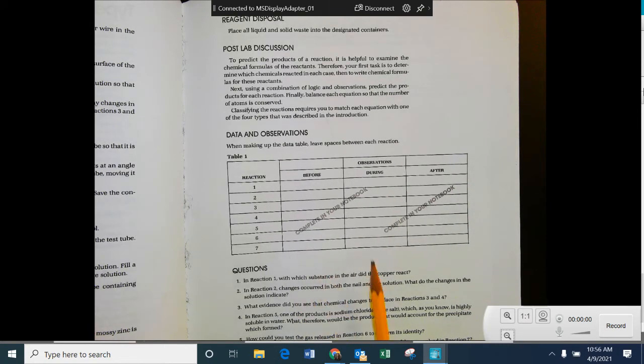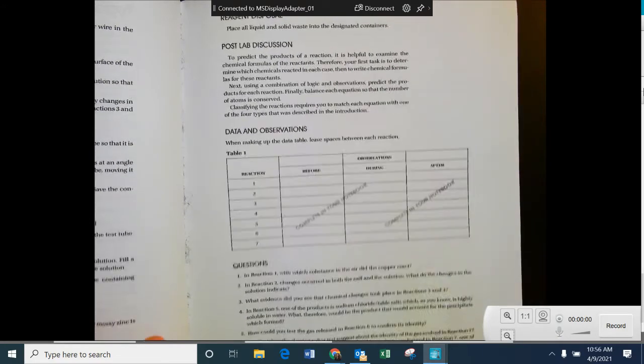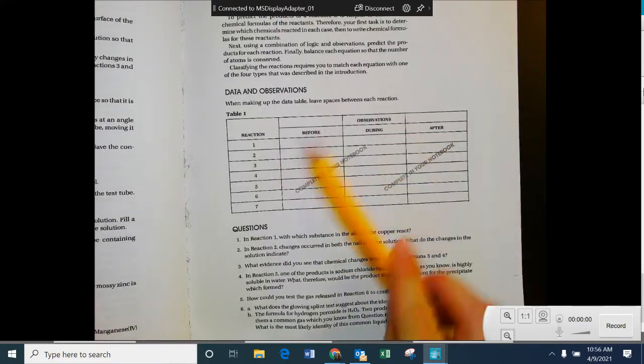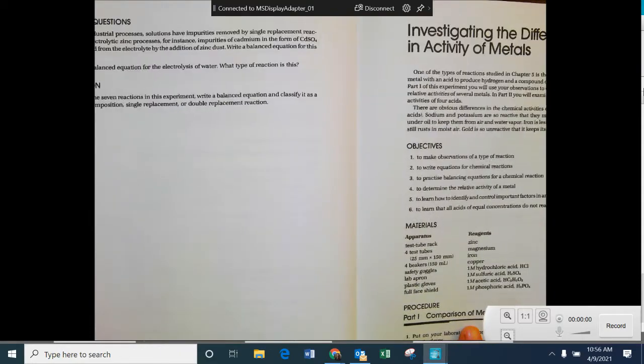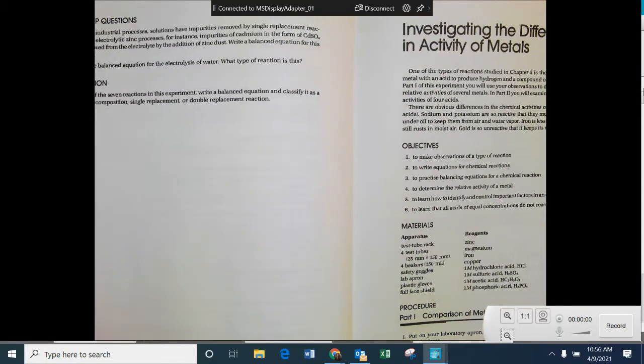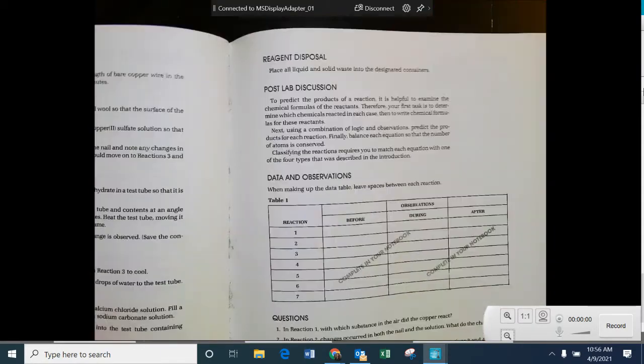So just make sure that you're doing really, really thorough descriptive observations here. Somebody who wasn't in the room could kind of get a picture of what was happening during your reaction. And then from that, if you make really good observations, you're going to have an easier time answering these questions. So that is kind of the format of this lab in a nutshell.